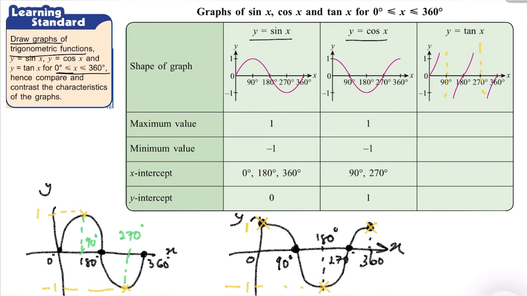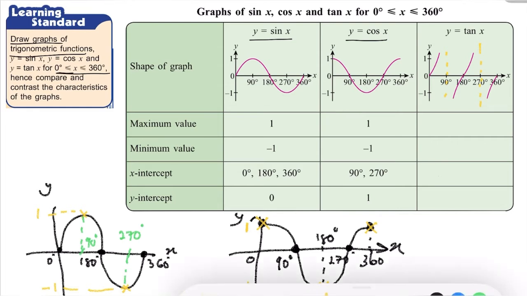And then my second section, the tangent graph intercept at 180 degree, but still it doesn't touch the yellow line of 90 degree and the yellow line of 270 degree. So what is the maximum value?